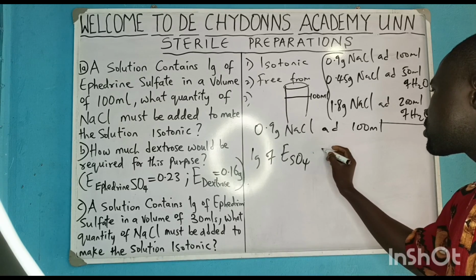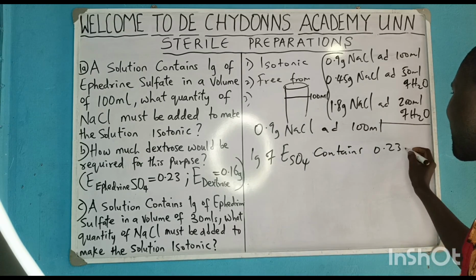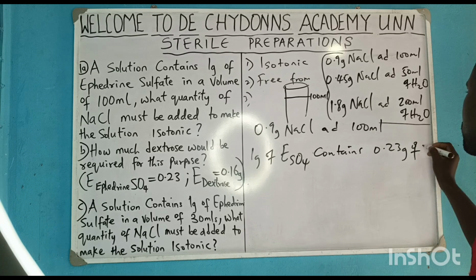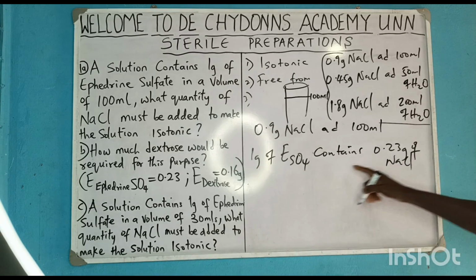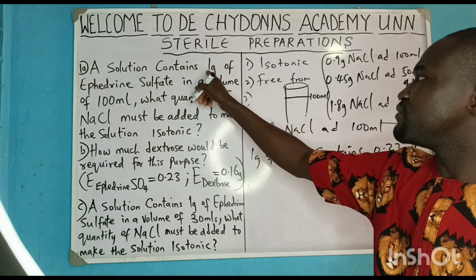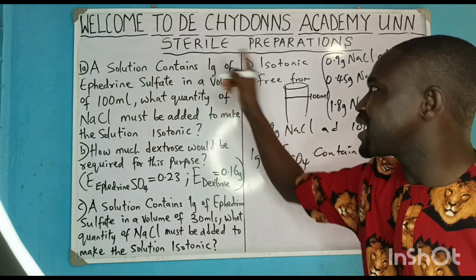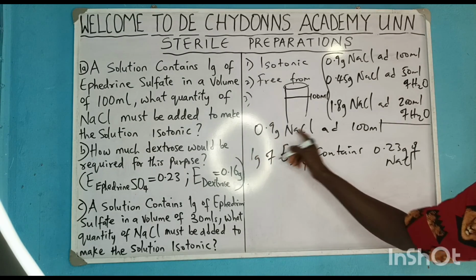Contains 0.23 gram of what? Sodium chloride. So if 1 gram of this contains 0.23 gram of sodium chloride, how many gram was given to us here? They say 1 gram. That means, look at this, 0.9 gram is in 100 ml.